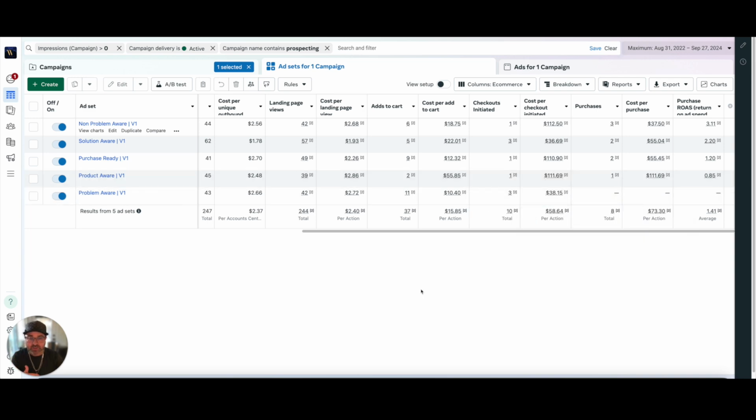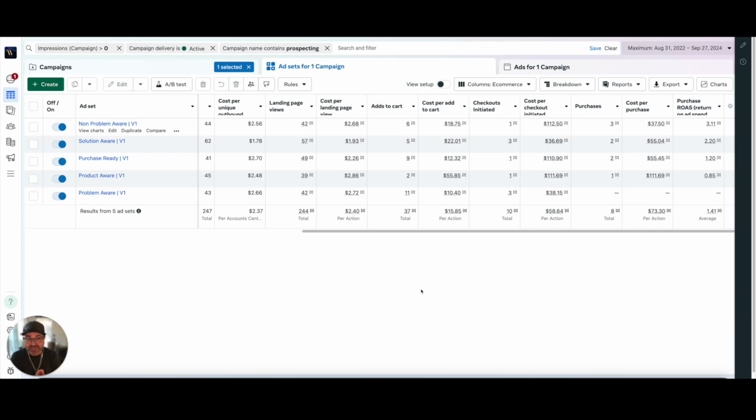So the rule of thumb that you typically want to use with ecom accounts is, first of all, you need to know your average CPA for the account. For ecom, CPA means cost per action, meaning cost per purchase, and for lead gen, it would be cost per lead or cost per call, depending on what you're optimizing for.